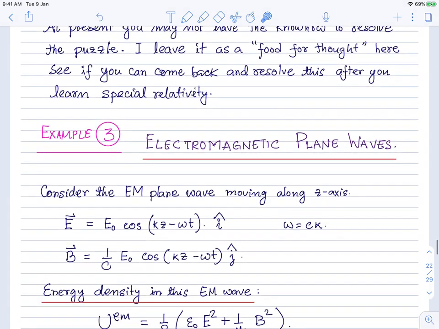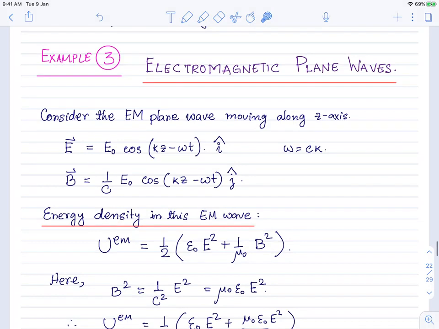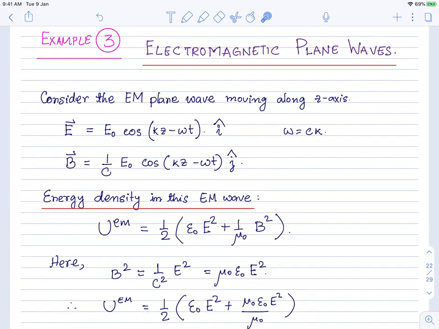The third example is a very simple and straightforward example, and that is the example of electromagnetic plane waves, which we have discussed like 2 videos earlier. Here, let's say we are given a plane electromagnetic wave of this form.